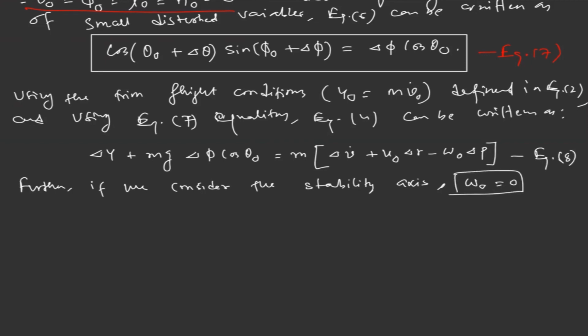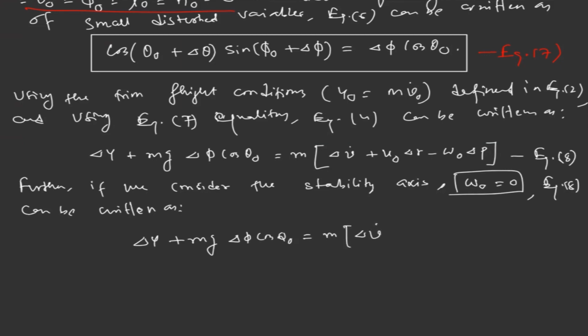This part you have already done during the discussion of the longitudinal motion of the aircraft. So for this condition, equation 8 can be written as delta Y plus mg delta phi cos theta naught equal to m into delta v dot plus u naught delta r. Let's define this equation number 9.